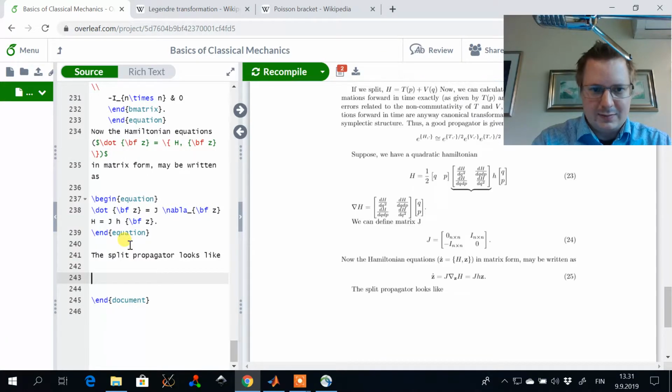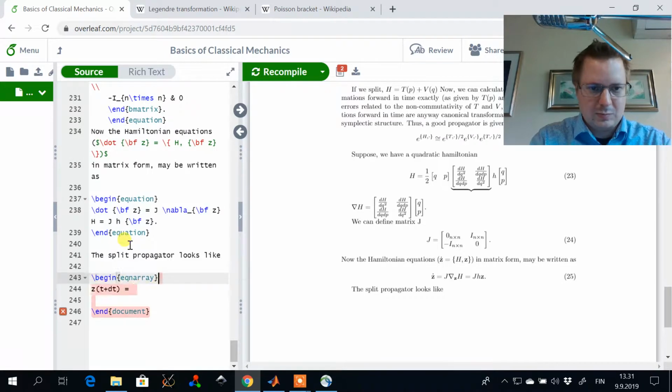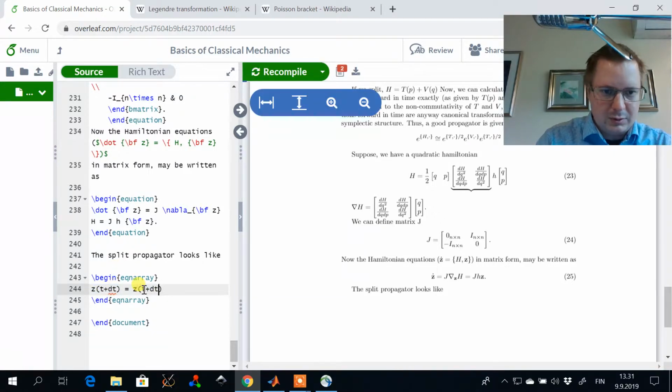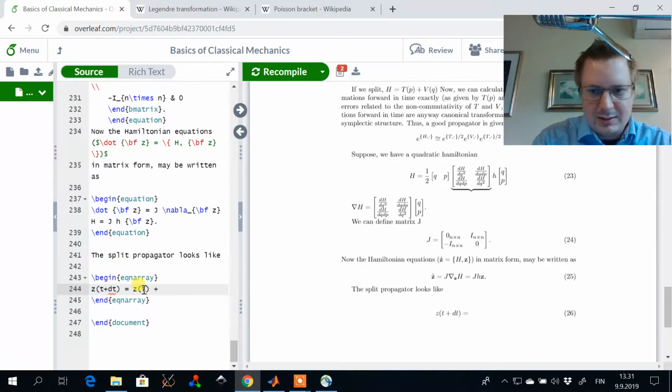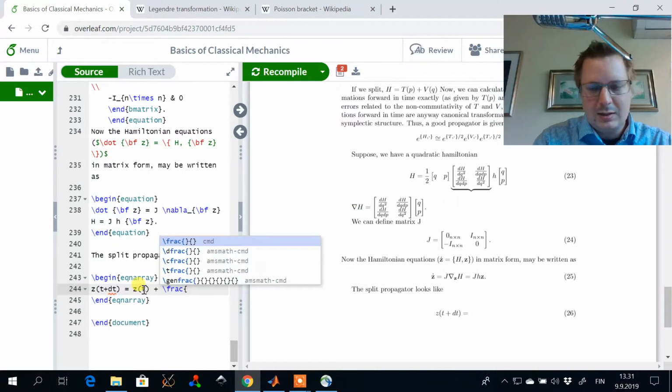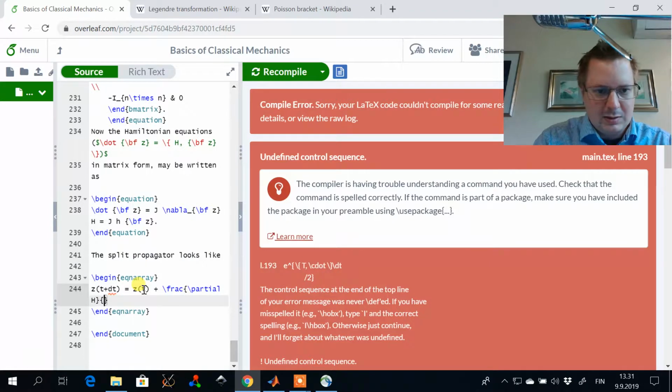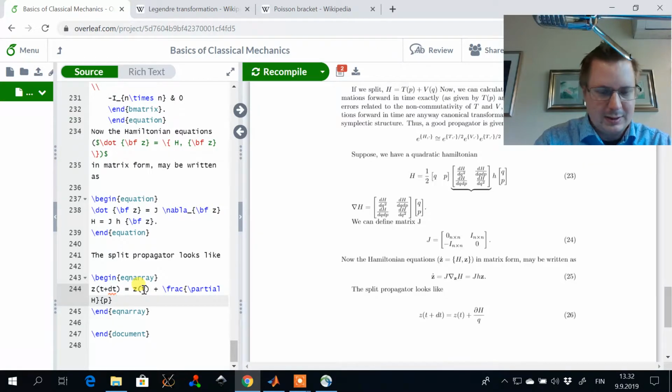That we have z at t plus dt, and it will equal to the old one, then plus the derivative of the Hamiltonian with respect to p, for example, times the q.